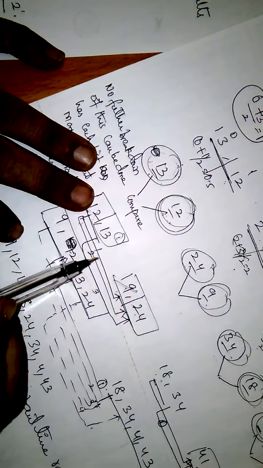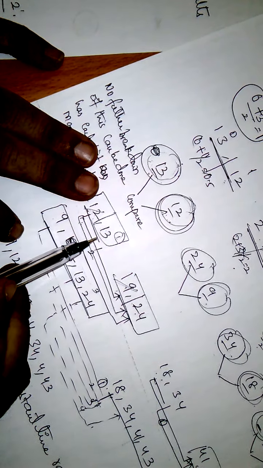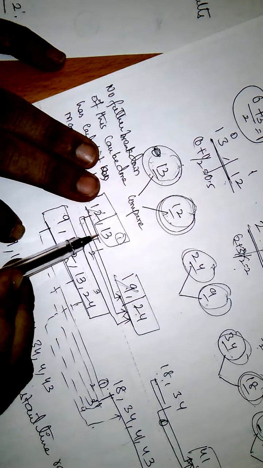Compare 12 with 24. 12 is smaller. Put 12 in the new sublist. Now 12 is also finished. Now compare 13 with 24. 13 is smaller. Put it in the list. The remaining is 24. Again we merge these two sublists by comparing with the adjacent elements.